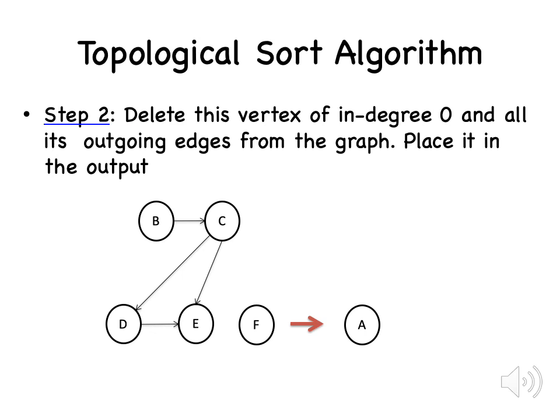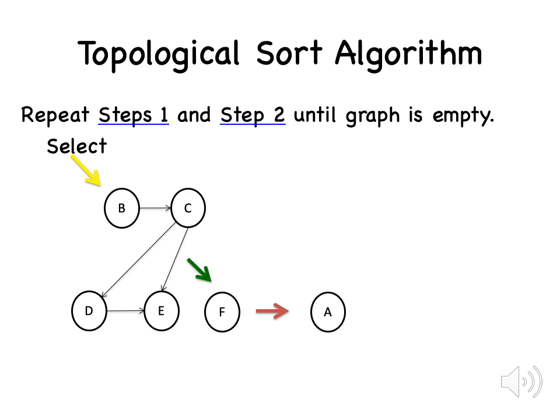As you have seen in the previous slides, A had an outgoing edge to B as well as an outgoing edge to D. When A is taken into the output, naturally the outgoing edges from A also have to be removed. Then the remaining vertices are B, C, D and E. Again, steps 1 and 2 are repeated until the graph is empty.